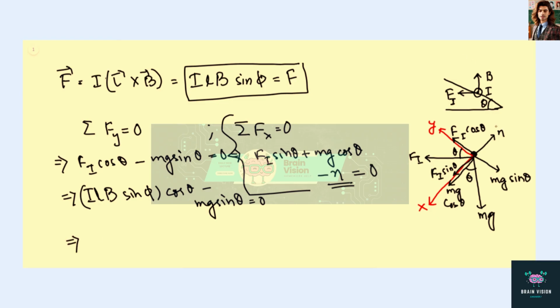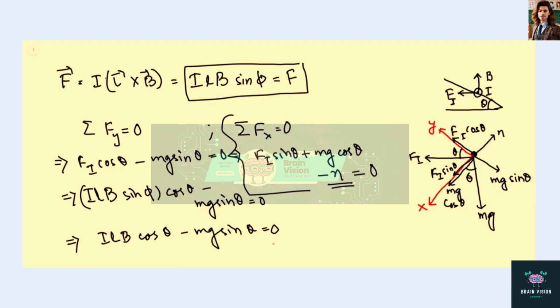And since the angle between L and B, the direction of current and the magnetic field, as you can see here, is 90 degrees, sine phi is basically 1. So the equation reduces to this.